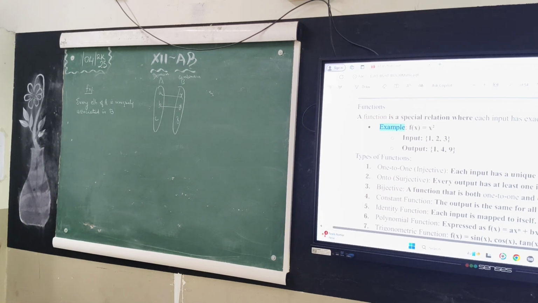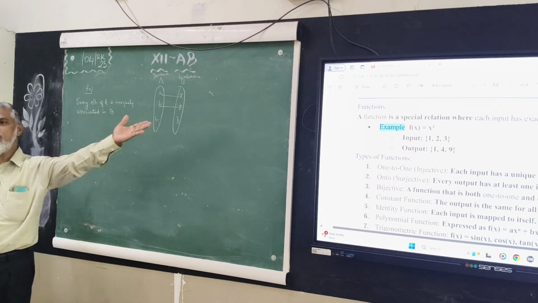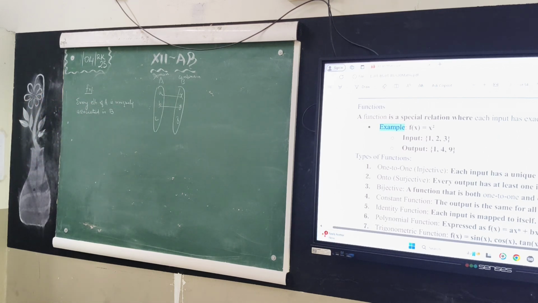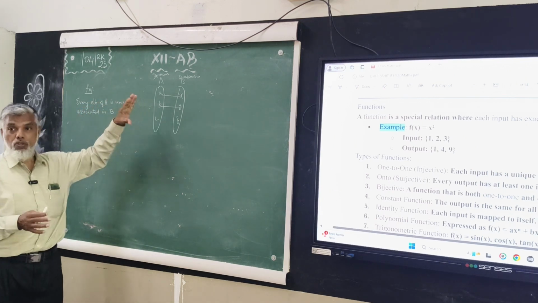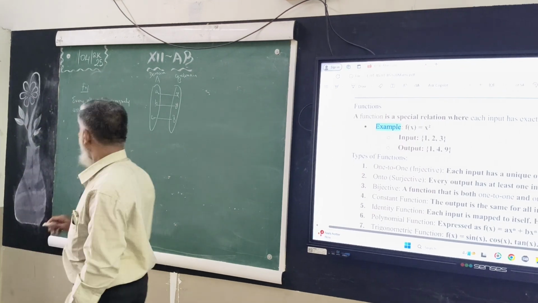Why? C is not associated. C does not have an image. Therefore, this is not a function. Every element of A is uniquely associated. Now, is it a function? Yes.